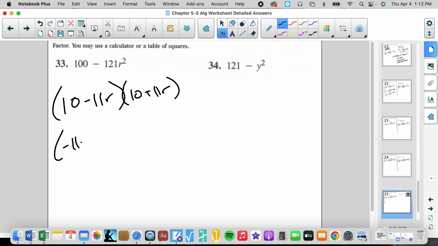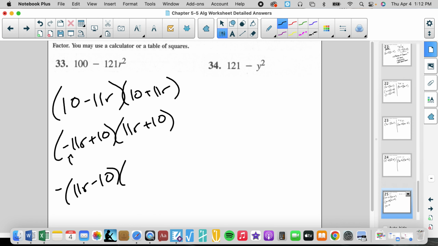I'd rewrite it, negative 11r plus 10, 11r plus 10. Notice these don't look like conjugates because they have the same sign. And they aren't because my first term is negative. So I would factor out a negative. And now guess what? Now they look like conjugates, don't they? Yep, because I had to factor out that negative.